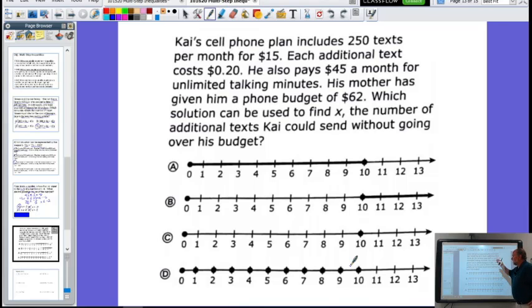So we're assuming then that you can only have 10 texts, and if we did the math, we could actually show that. Or you could just look at the graph and say, well, I can't send a partial text. So it can't be any of these that have the whole thing covered in. It can only be partials. So the only answer that makes any sense is D. And we did that without even doing any work, just using some common sense. And a lot of times in math, that's what we have to do.